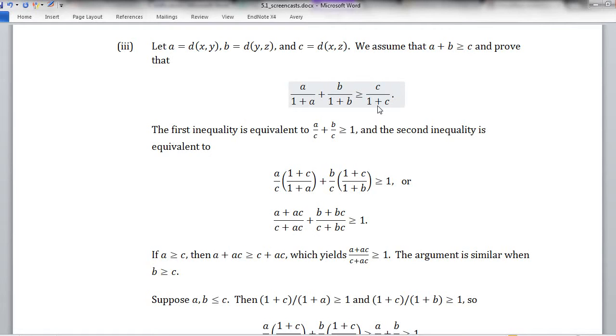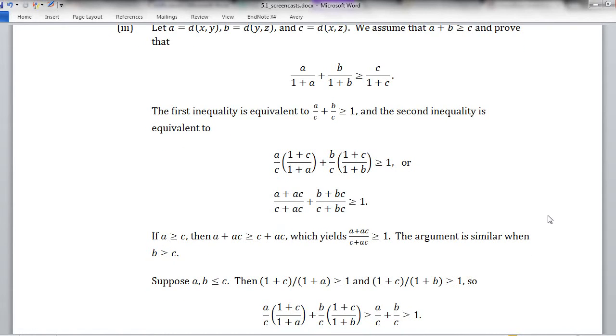Again, we don't have to think about the c equals 0 case, so suppose c is non-zero, then I can do this. If I rearrange things a bit, I get that the inequality I'm aiming for is equivalent to this one. And then if you distribute fractions, you get this. So if I can prove that either of these holds, then I'm done.